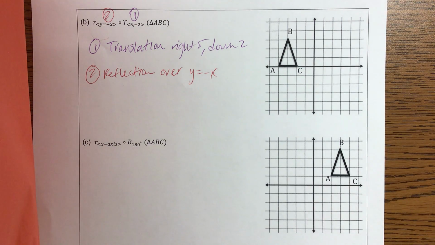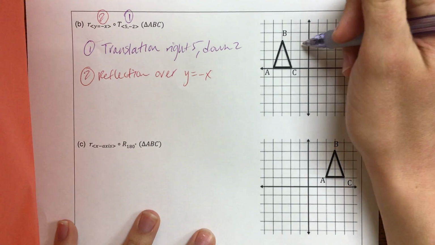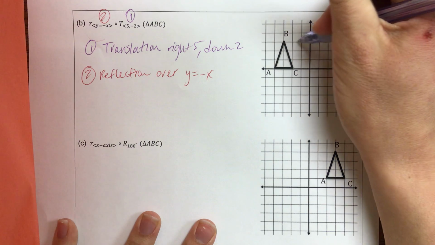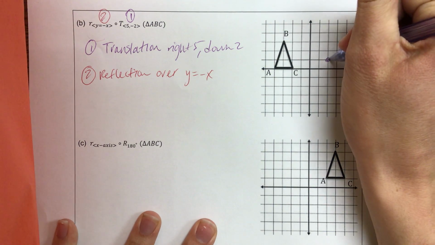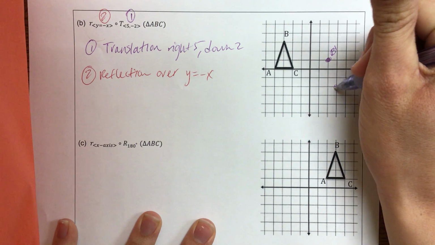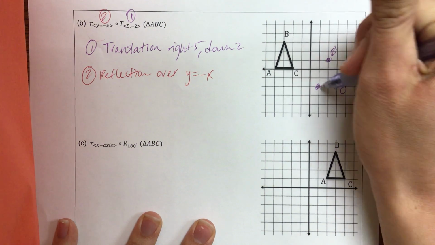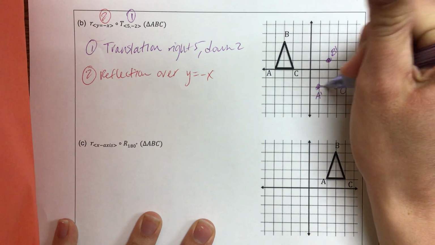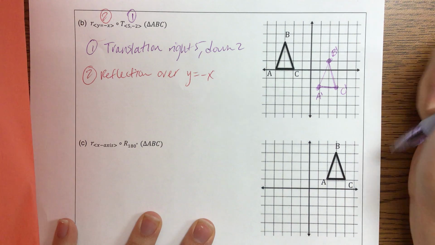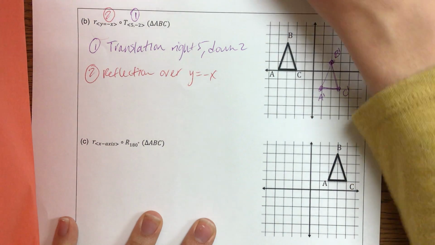Great. Let's do the translation first. We should know how to do that already. You can do it without patty paper. Just take each point and move it right 5 and down 2. That would give me B prime. Right 5 down 2 is C prime. And right 5 down 2, that's A prime. Okay, so that would be our image after the first transformation.